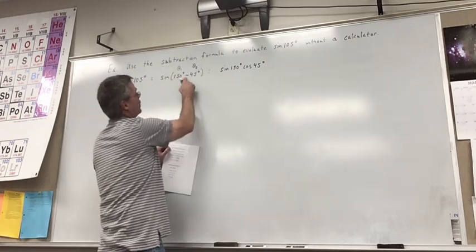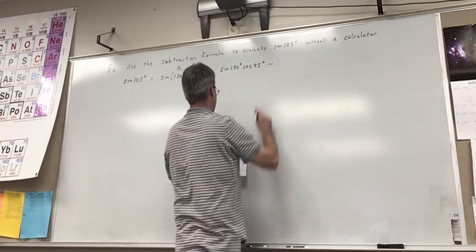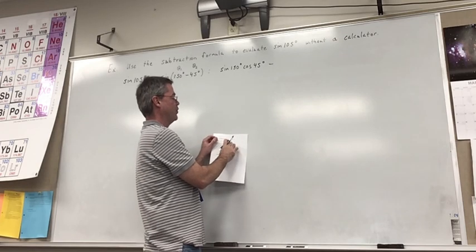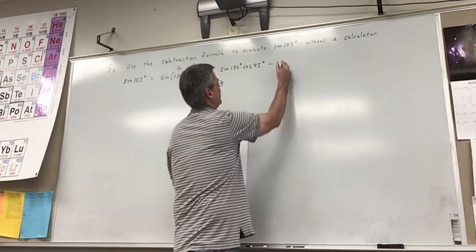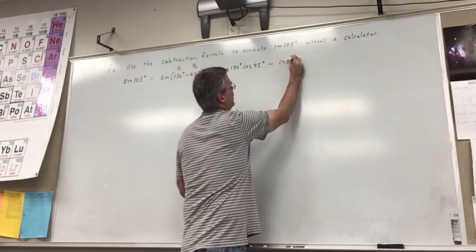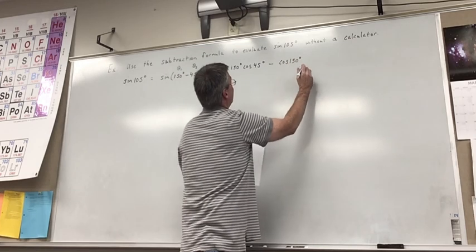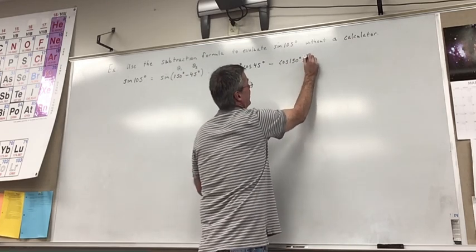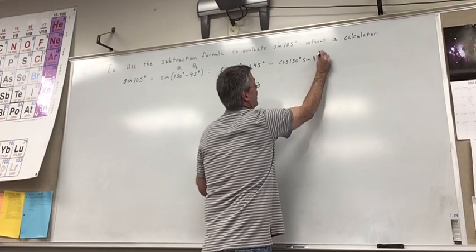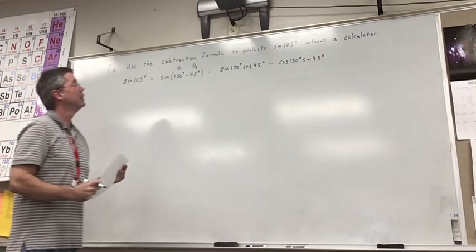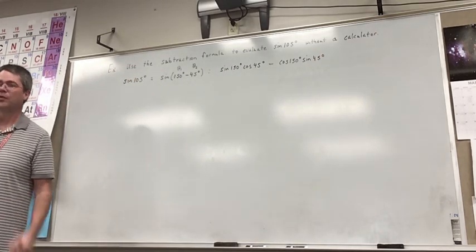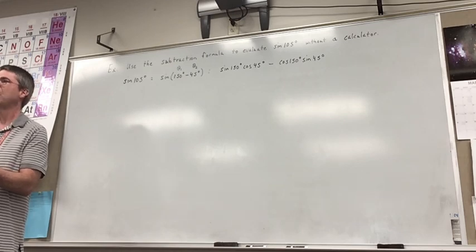And since it's subtraction, then you would minus. See how I'm going through the first formula on here, and then you switch them: cosine of 150 degrees times the sine of 45 degrees. So it is the first formula on there. We're using the sine formula, and we're doing subtraction.